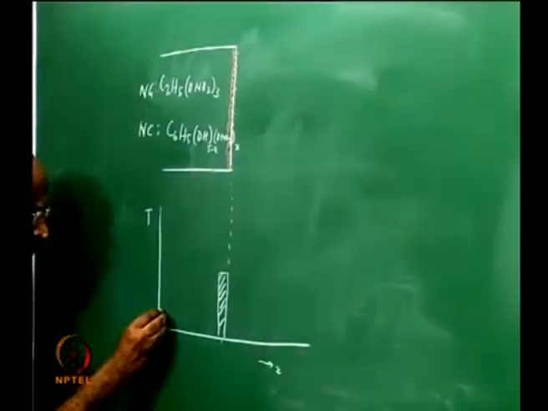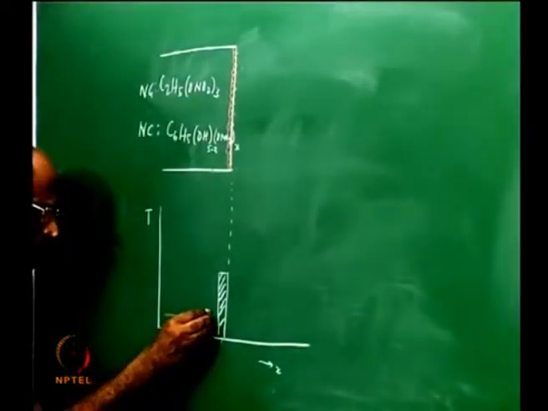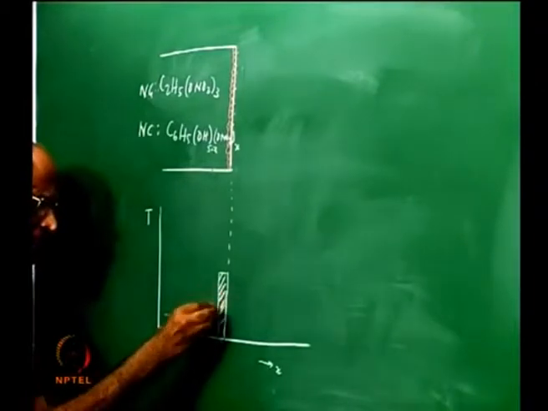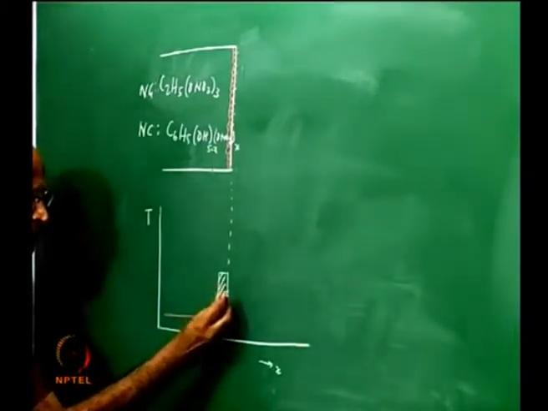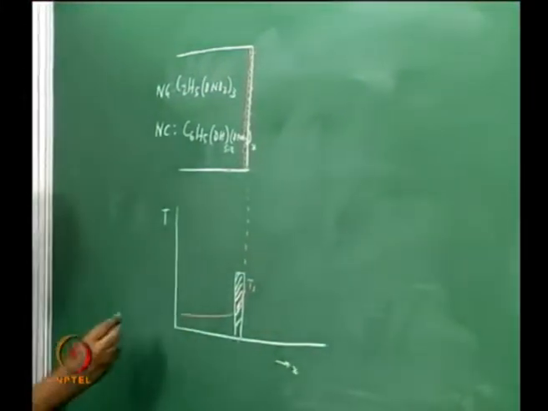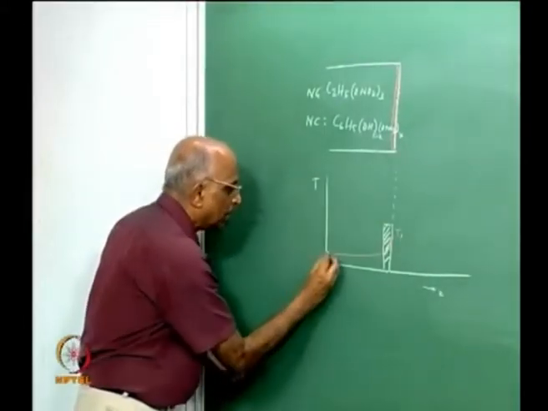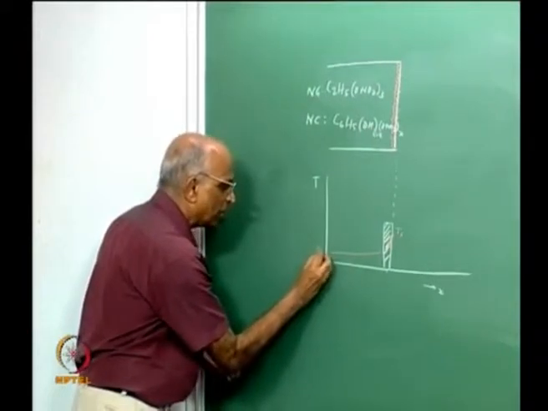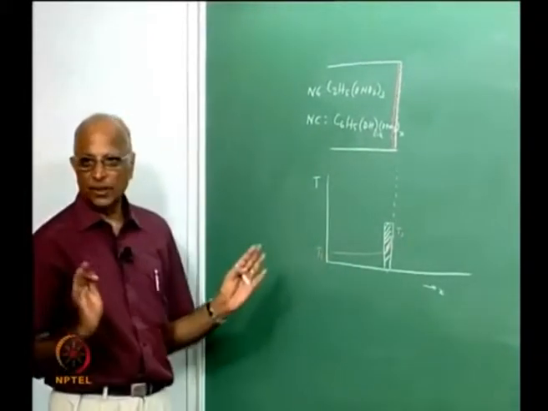Let me show it in red. The depth is really not heated, maybe it begins to get heated, the temperature rises, and here I have the surface at the temperature Ts, and this is the original temperature, let us say the initial temperature of the propellant, Ti. Okay.